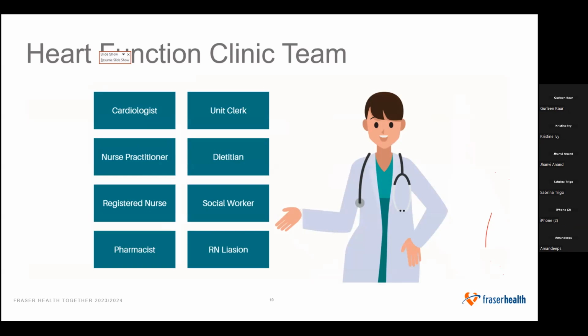We also have nurse practitioners. We have 3 currently that work with us. We have a unit clerk, dietitians, registered nurses, social workers, pharmacists, and we also have a nurse that works out of the Surrey Hospital as a liaison between clients that are in hospital and our clinic.